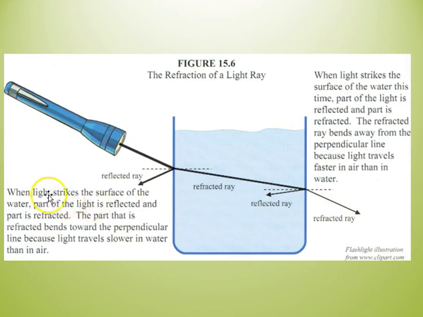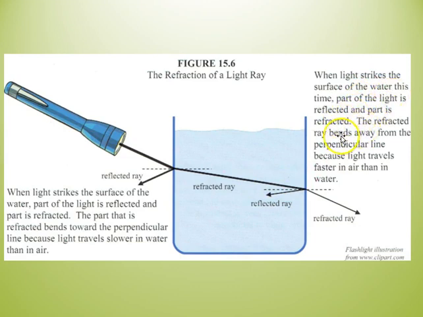So the light strikes the surface of the water, and part of the light is reflected and refracted. The part that is refracted bends toward the perpendicular line because light travels slower in water than in air. When the light strikes the surface of water this time, on the second time, part of the light is reflected and refracted.